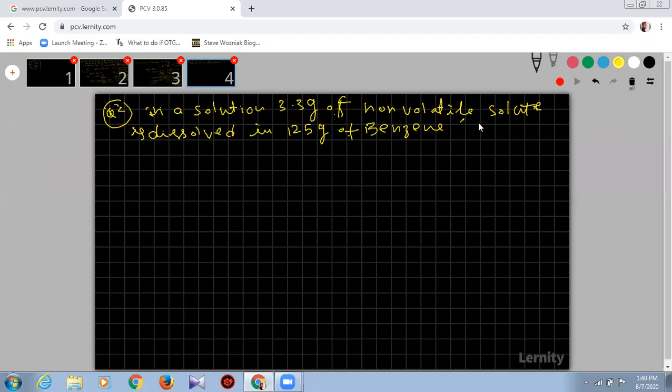Okay. Boiling point of pure benzene is 80 degrees centigrade.